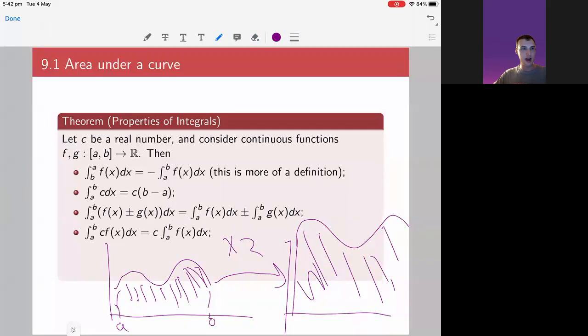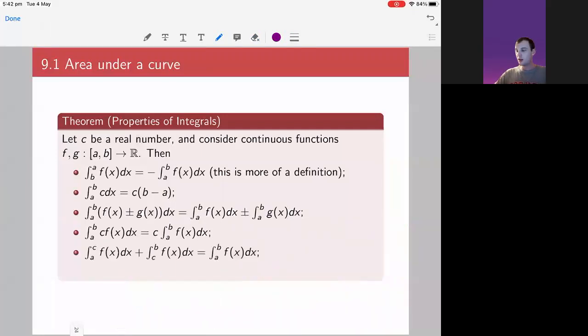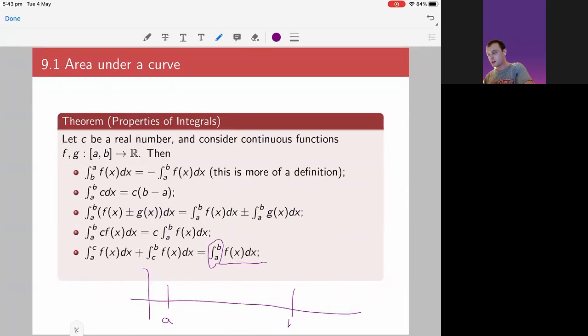Okay, now the next one: let's say that you're integrating the function f of x from a up to b, and let's say that you happen to pick a midpoint c in between. Let's say your function looks like this.